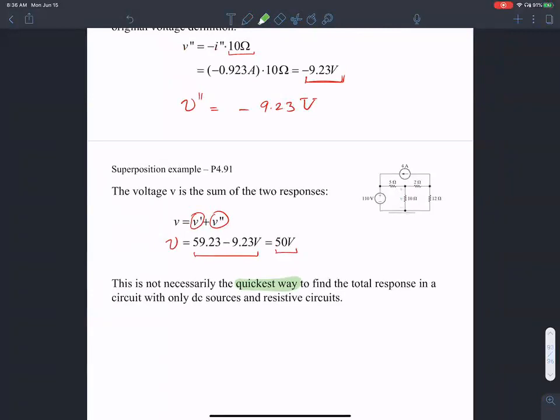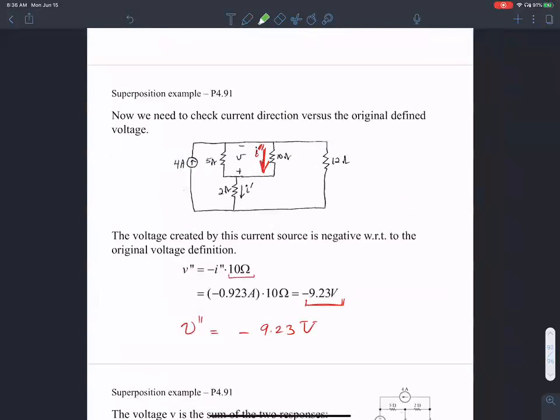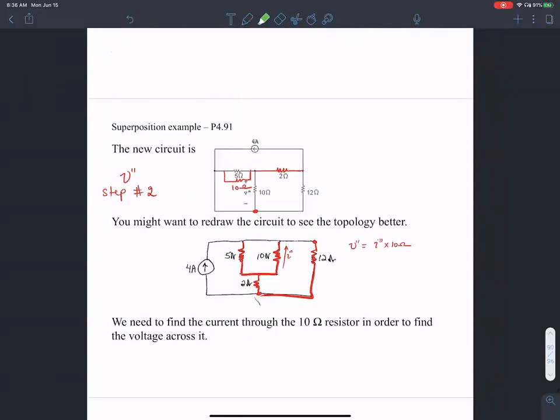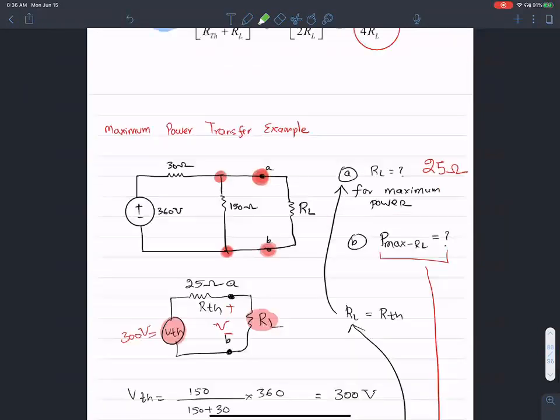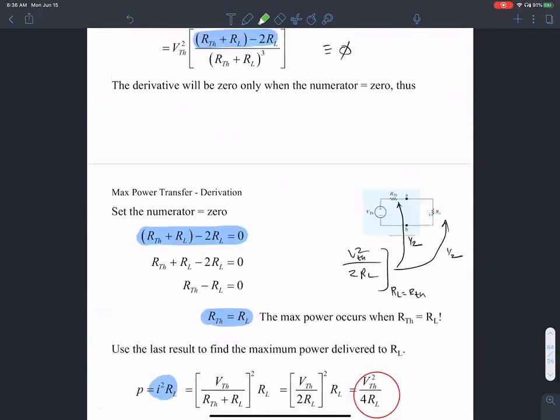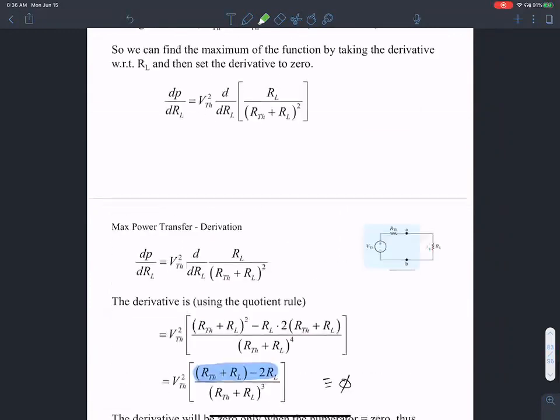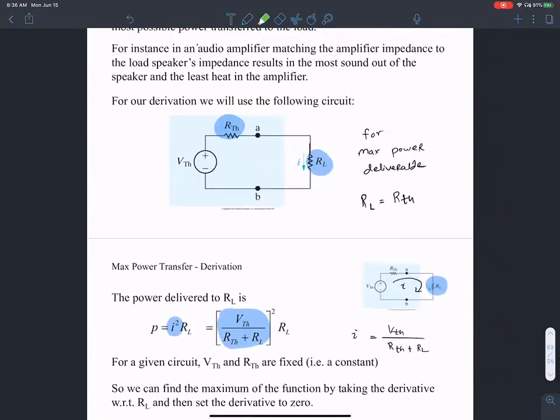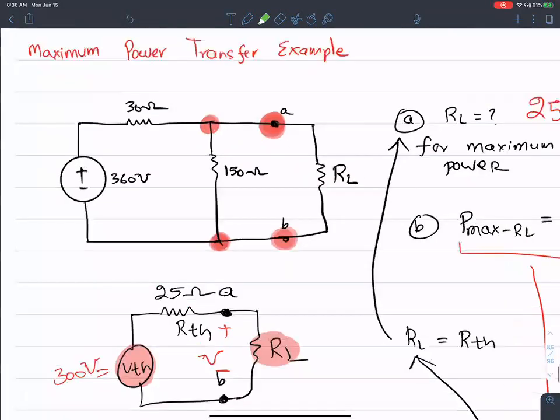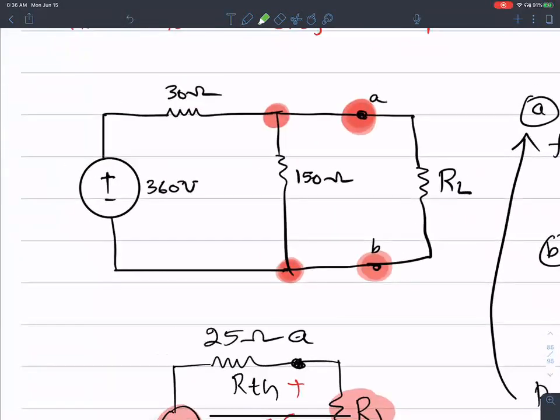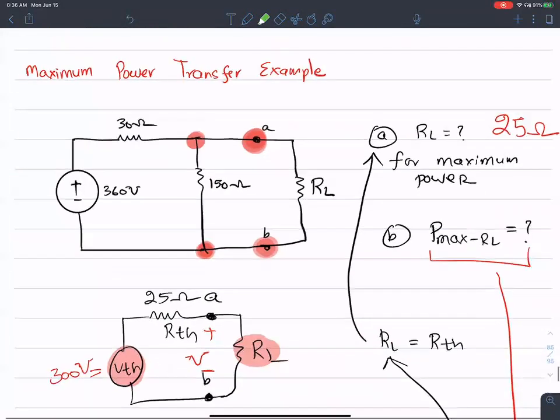So once we finish this superposition, let me quickly go back to the previous problem and calculating R Thevenin of a voltage source right here. How do you calculate the R Thevenin of the voltage source?